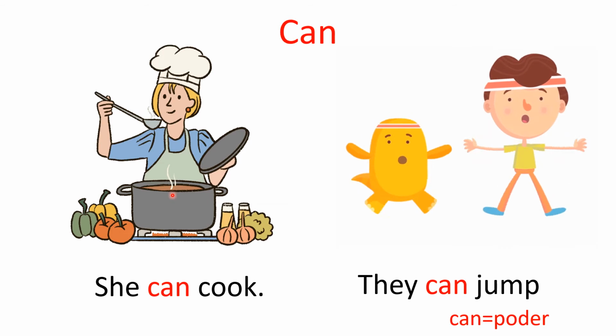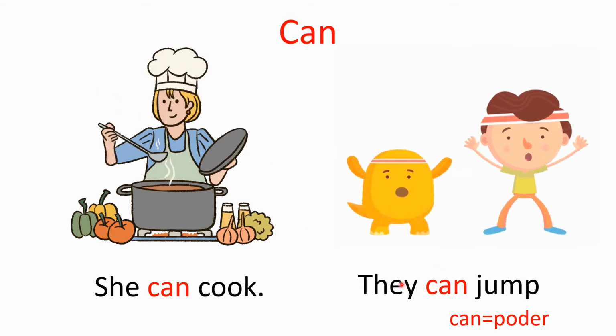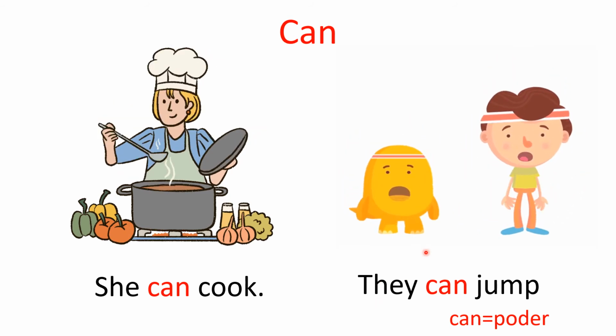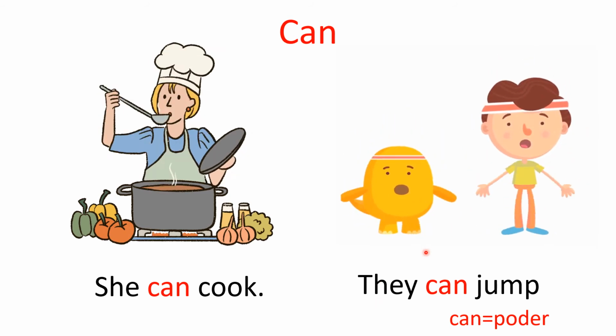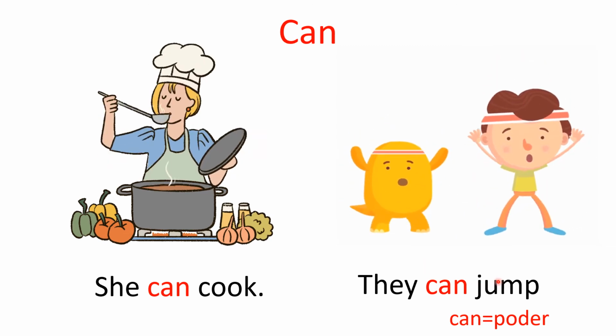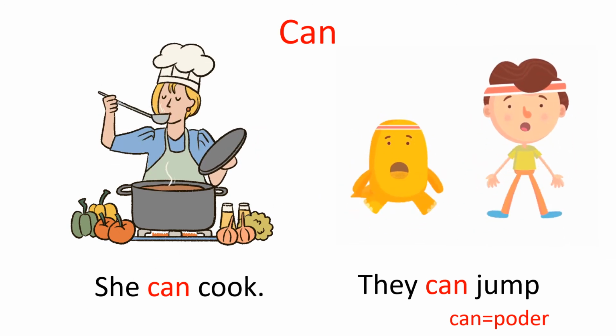Seems to be really delicious. And now look at this. They can jump. 1, 2, 1, 2. They can jump. Good. That's really great. Now, let's see the next picture.